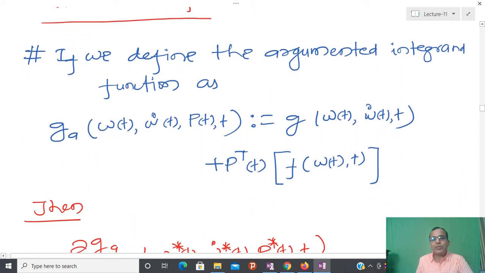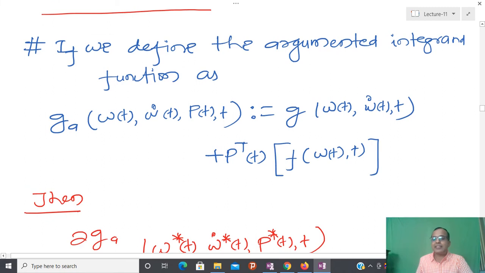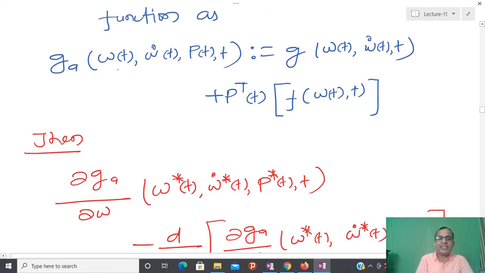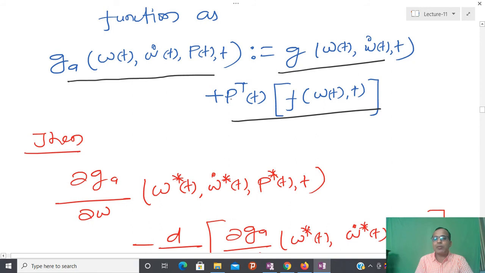One can also rewrite the above result like this. You can define the augmented function inside the integral like this: the original function, and after that this. I have already told you that p transpose(t) is a row vector and this is a column vector. So finally I have p1(t) f1(ω(t)), p2(t) f2(ω(t)), and so on.